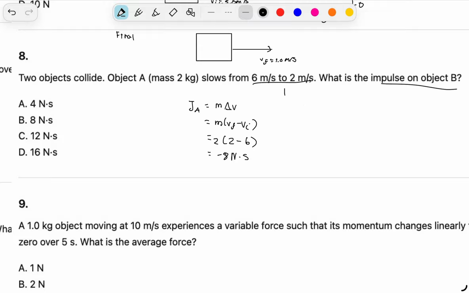Now, we have to use Newton's third law, which states that the impulse on B is equal and opposite. So you change the sign of your vector to positive 8 newtons times seconds, which is B.